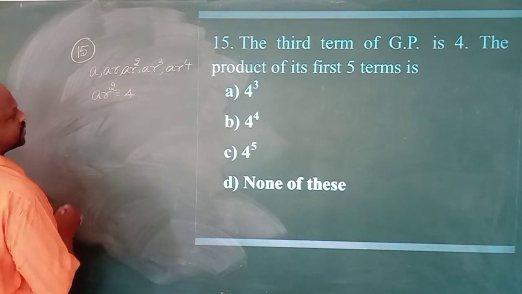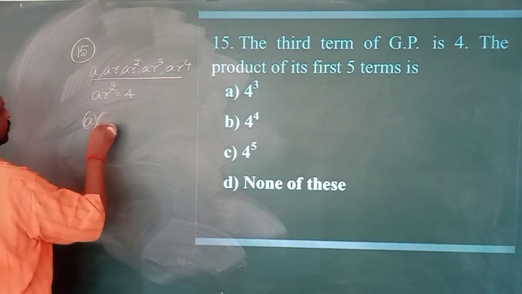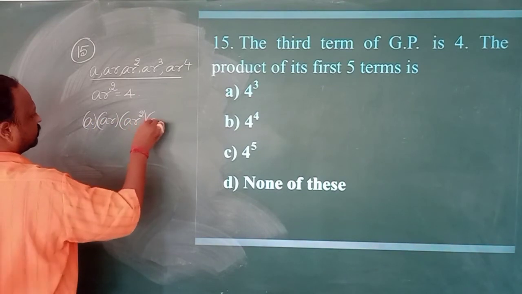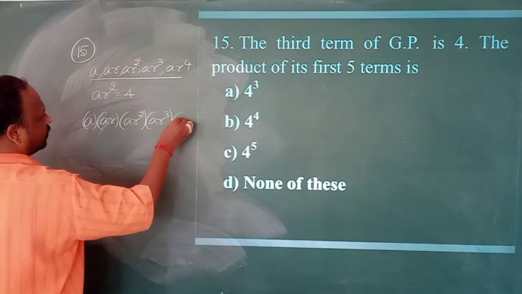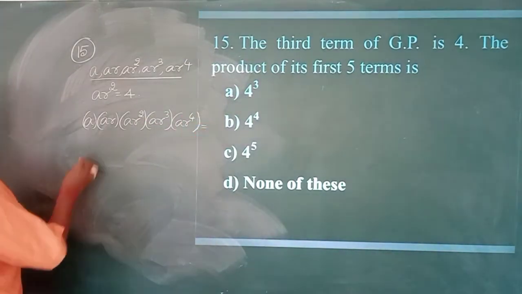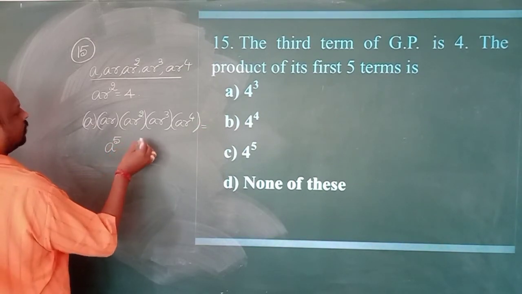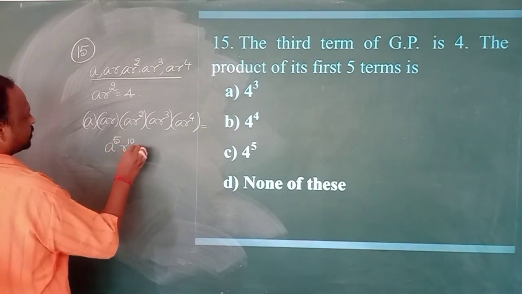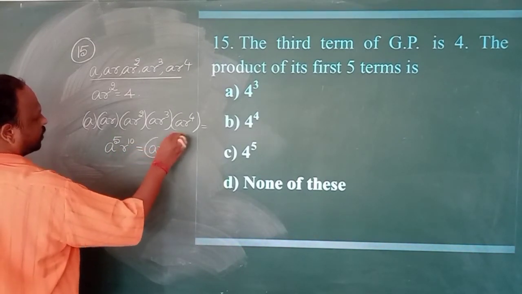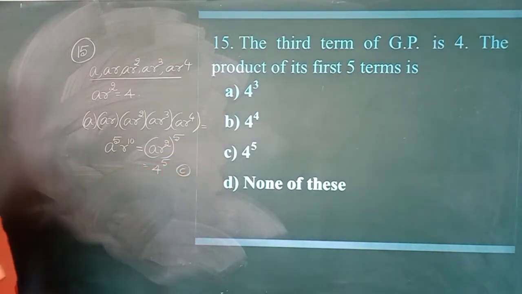The product of the first 5 terms is a into ar, ar square, ar cube, ar to the power of 4. So this will be a power 5 r power 10. This can be written as ar square whole to the power of 5, that is 4 power 5. Option C is the answer.